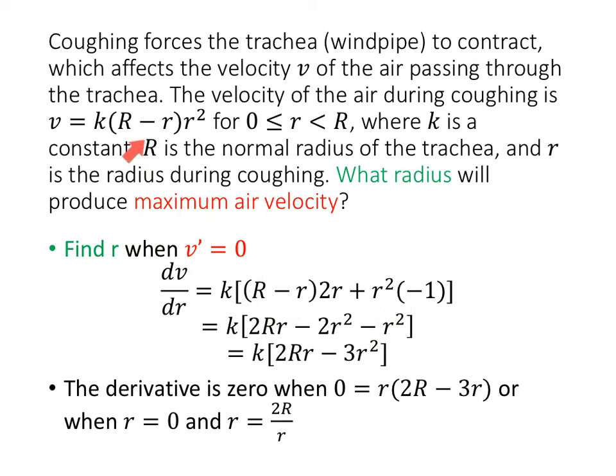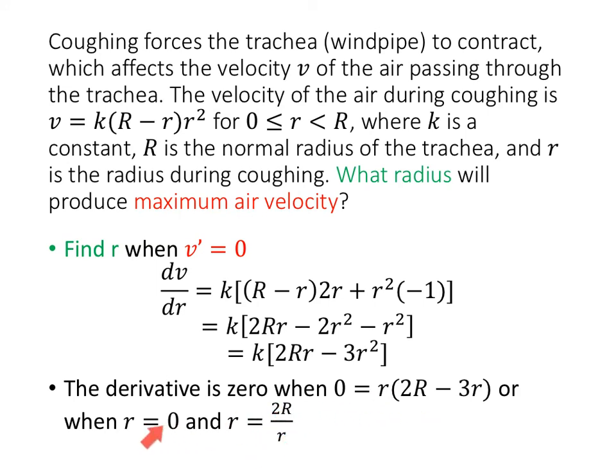So the derivative of big R minus little r is -1. Multiply, combine like terms. I know that the derivative is 0 when this product is 0, so 2r minus little r times 2 big R minus 3 little r. That's when the radius is 0, or when the radius is 2R over 3.